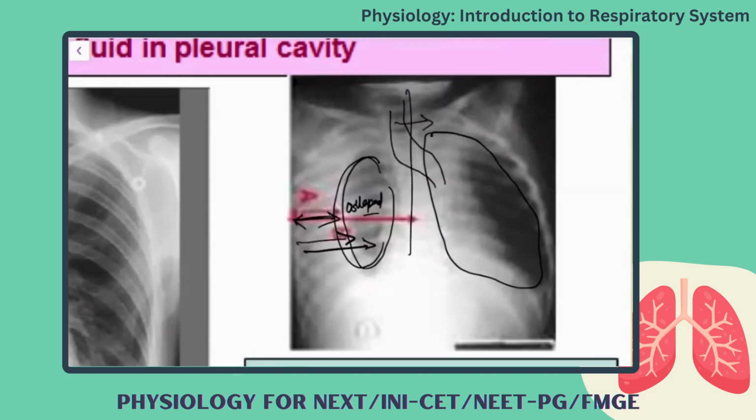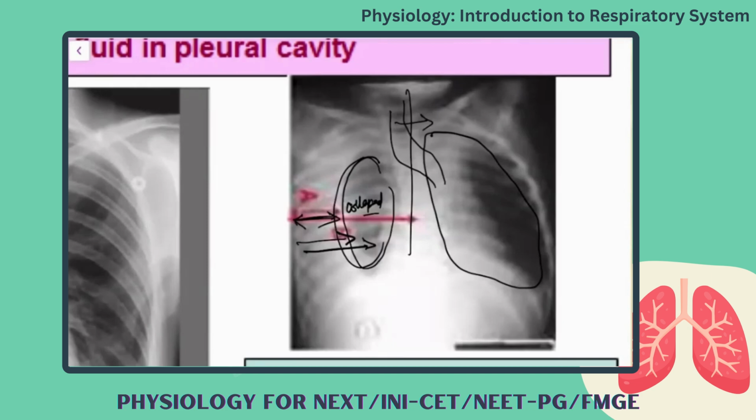Okay. And in the pleural cavity, instead of fluid, if you find air in the pleural cavity, you will call it pneumothorax. And the types of pneumothorax? Closed pneumothorax and open pneumothorax. When there is a trauma to the thoracic cavity, fracture of the rib bones, then you will encounter open pneumothorax.